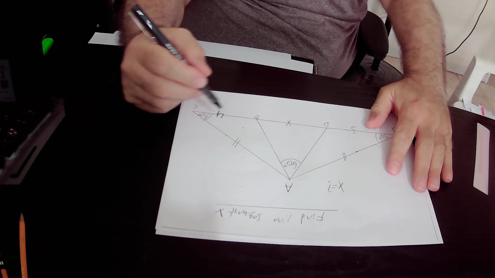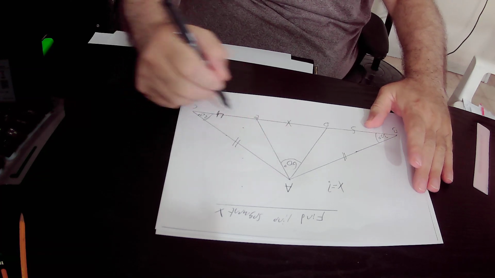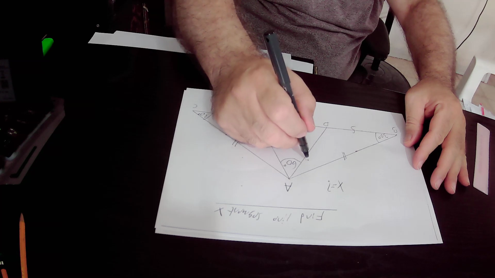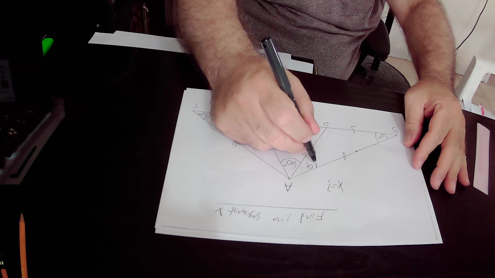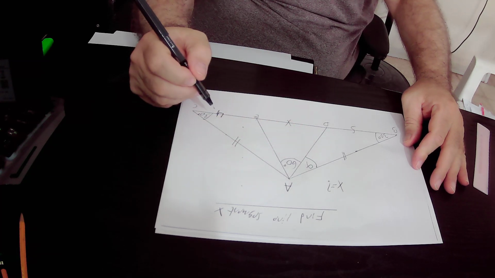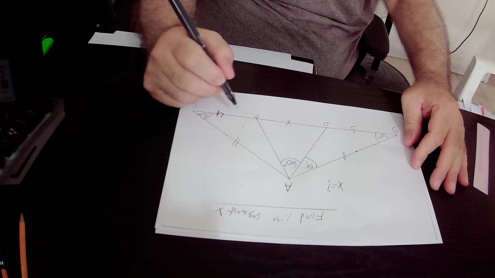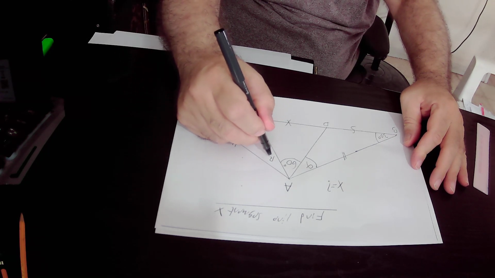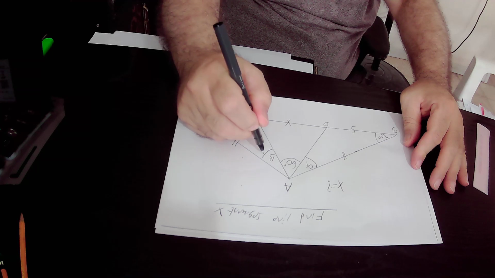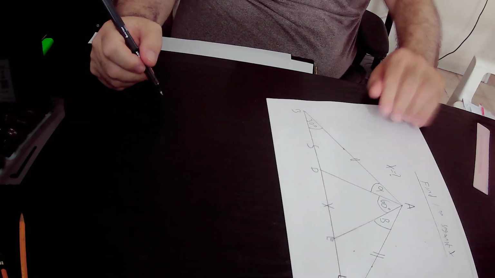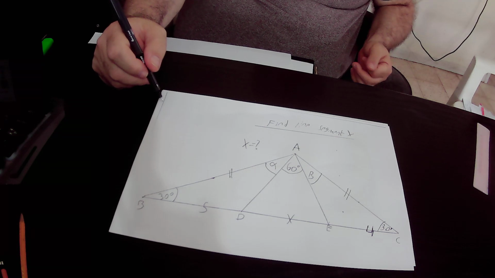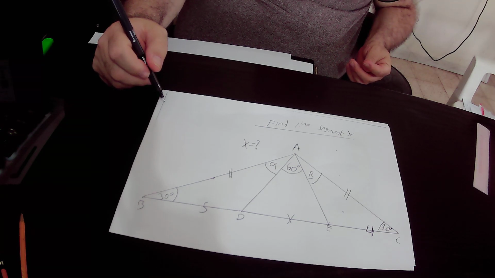So here we define angle BAD as alpha, and we define angle EAC as beta.